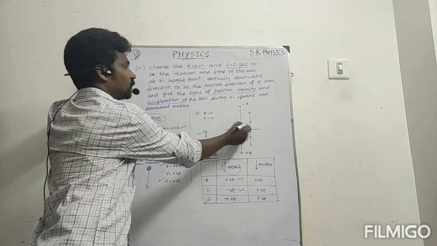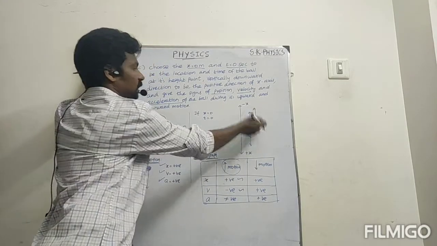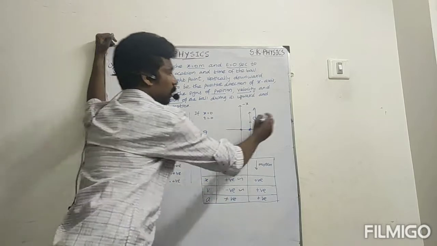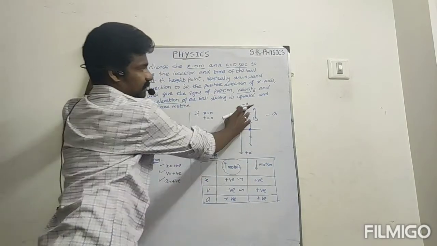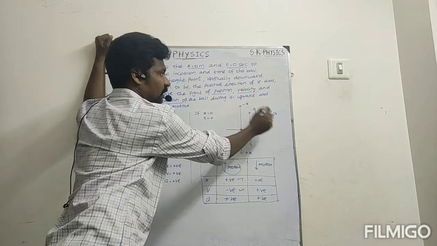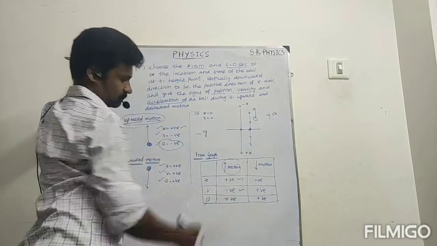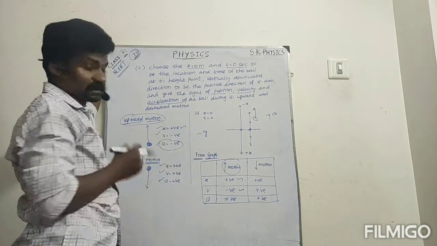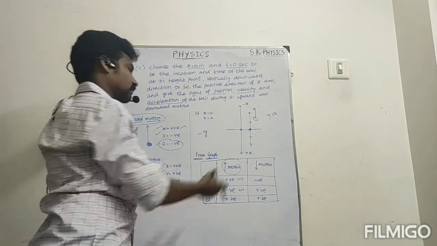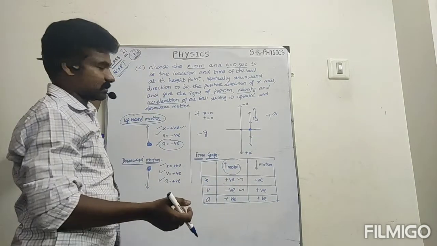Now the object is moving in upward direction, so the acceleration is negative. Already this graph represents negative. So negative and negative become positive. I hope now you understand. Okay, the graph comparison is positive. Then the downward motion, no issues, that is easy.